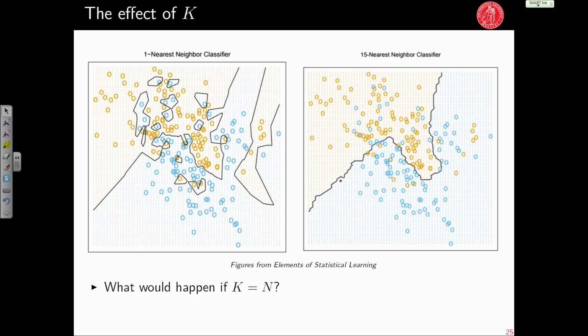If you increase k to be 15, then you have a more reasonable or meaningful decision boundary. So we are willing to take a decision boundary that includes some mistakes, rather than a decision boundary that is so specific that it is clearly not generalizing.